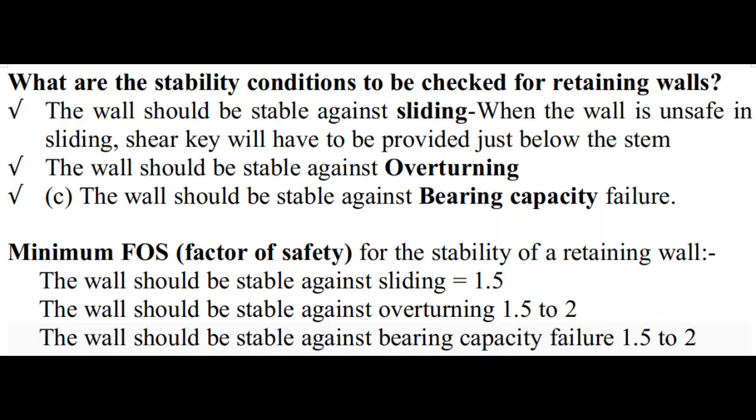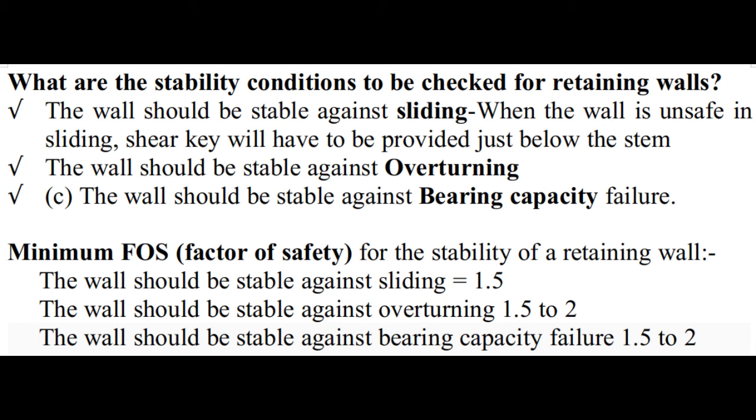Next question is: please write down the stability conditions to be checked for the retaining wall. This is also very important. First of all, the wall should be stable against sliding. When the wall is unsafe in sliding, you should provide a shear key just below the stem.